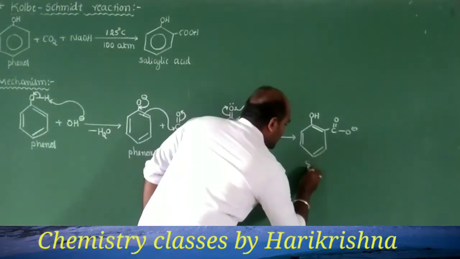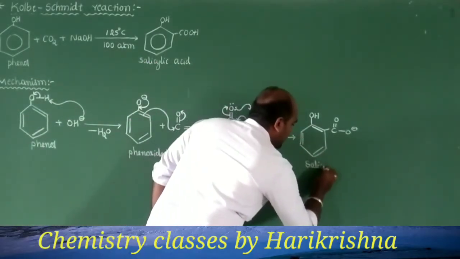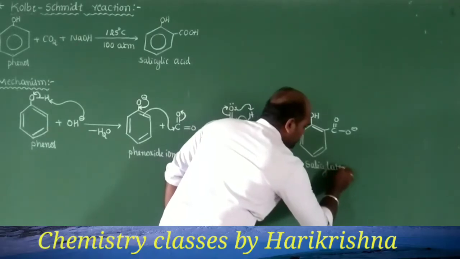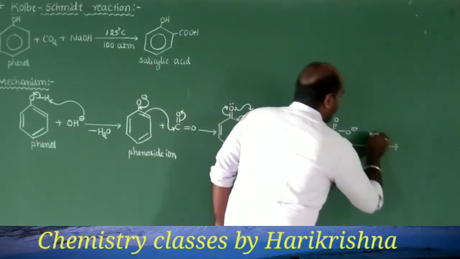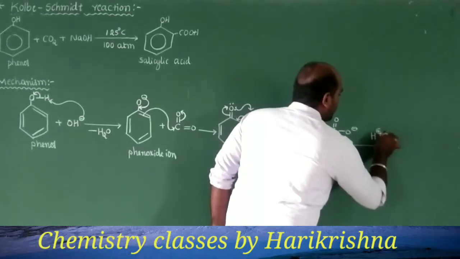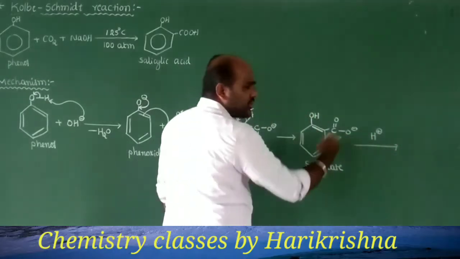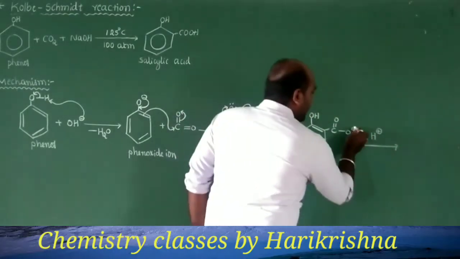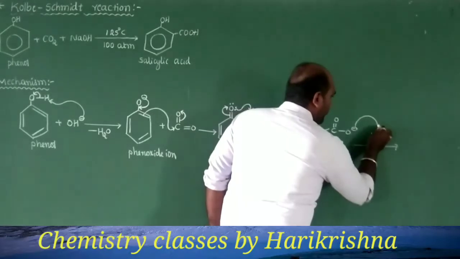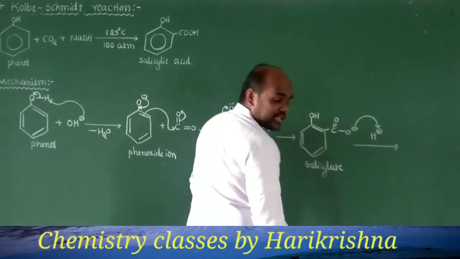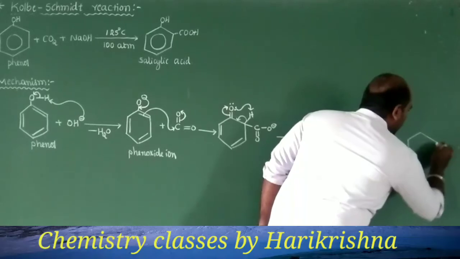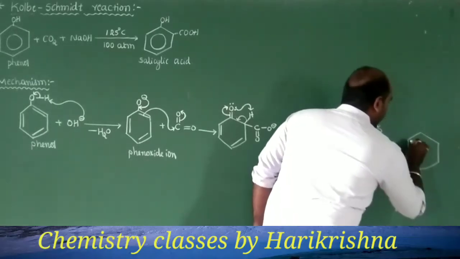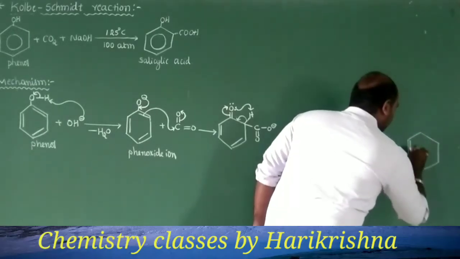so that we are getting salicylate, the ester form. This salicylate will be treated with dilute acid, H plus. Dilute sulfuric acid will be used, and this negative charge will be donated to this positive charge, and thus we will get the final product of the Kolbe-Schmidt reaction.